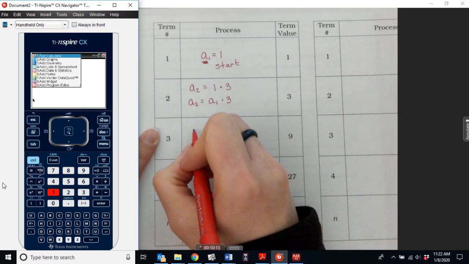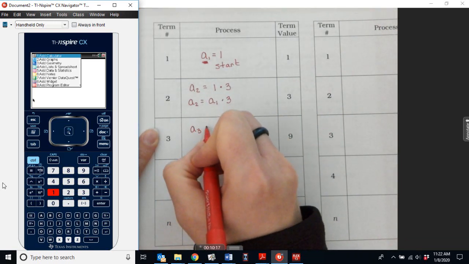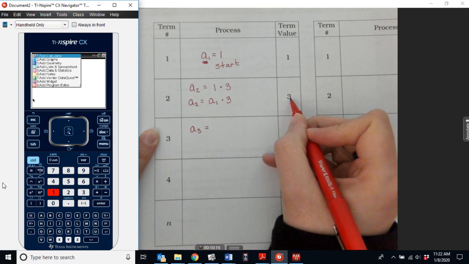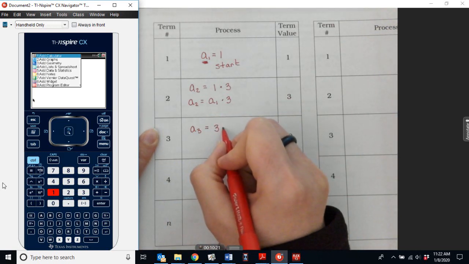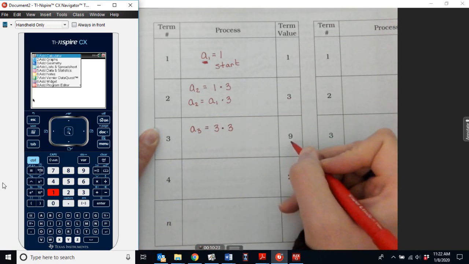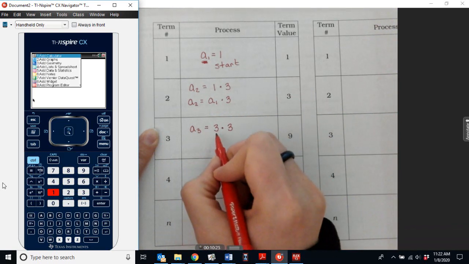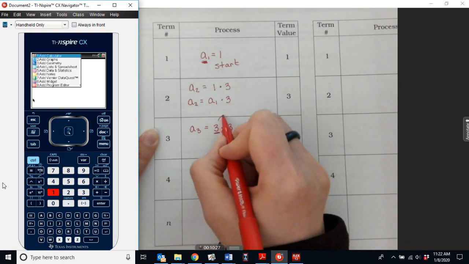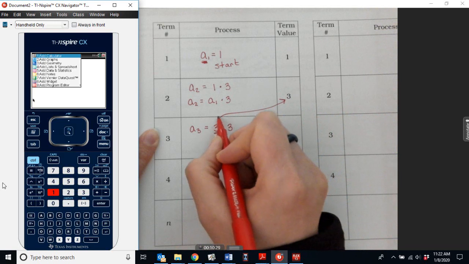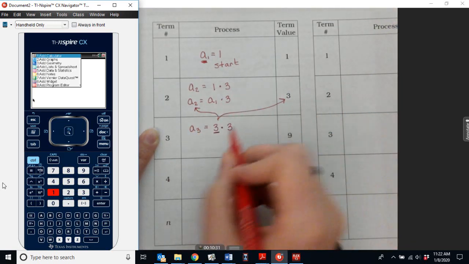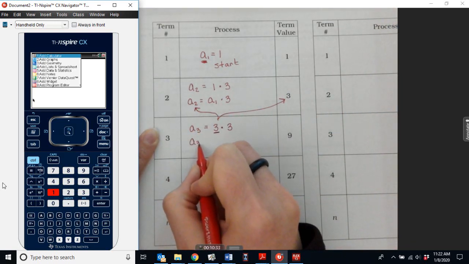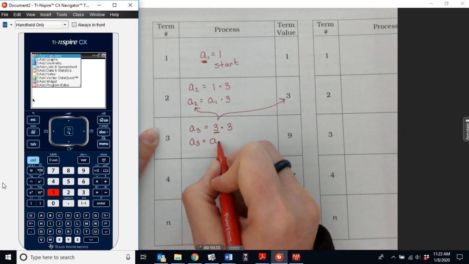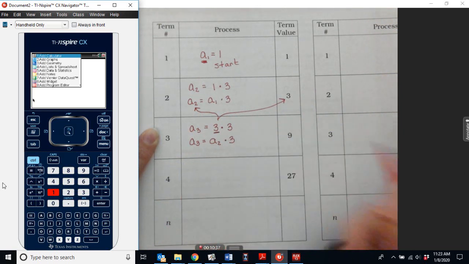And then to get A of 3, I take my 3 times 3. That would give me 9. Well, where does this 3 come from? That's this one, or I called it A of 2. So A of 3 is A of 2 times 3.